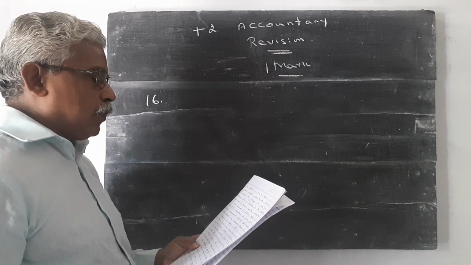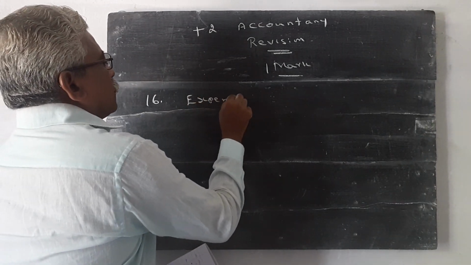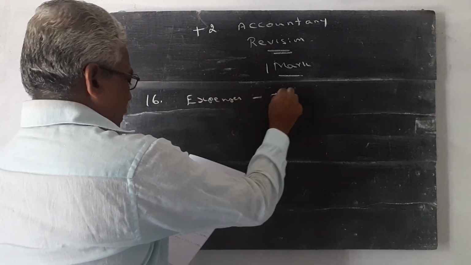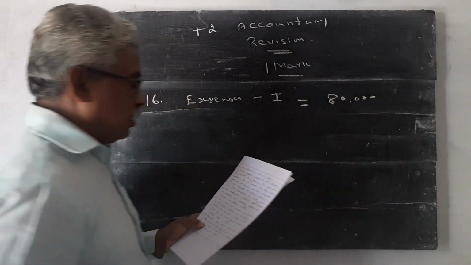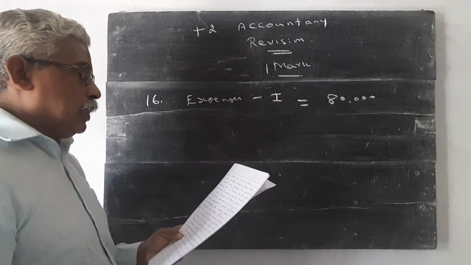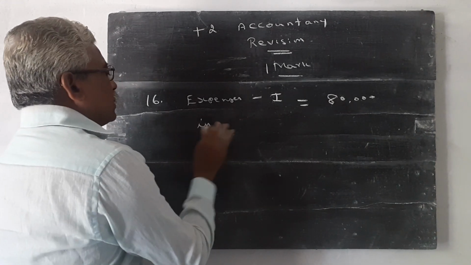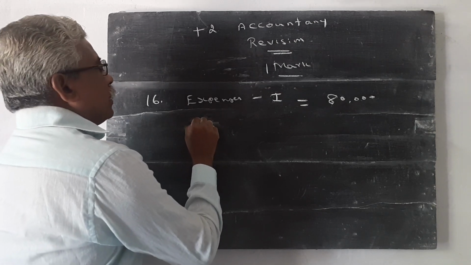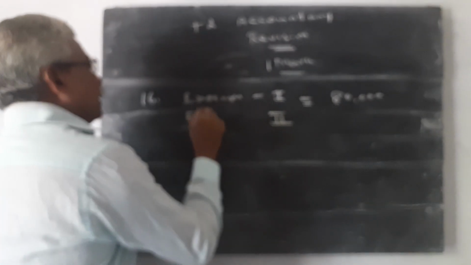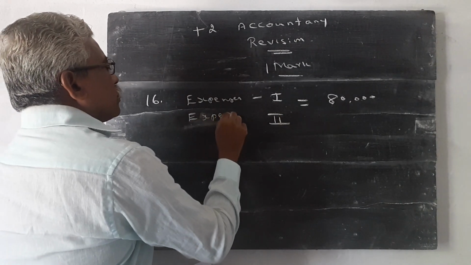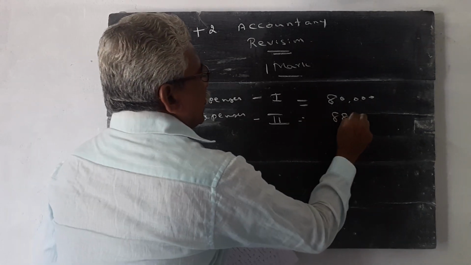Expenses of the business for the first year is rupees 80,000. Then in the second year the expenses increased to 88,000.